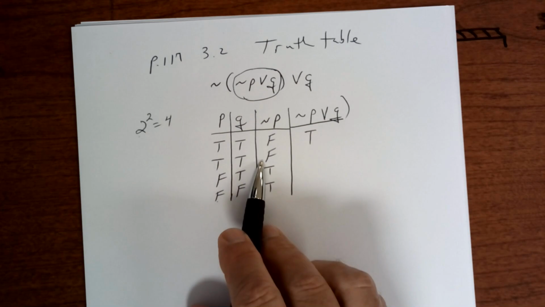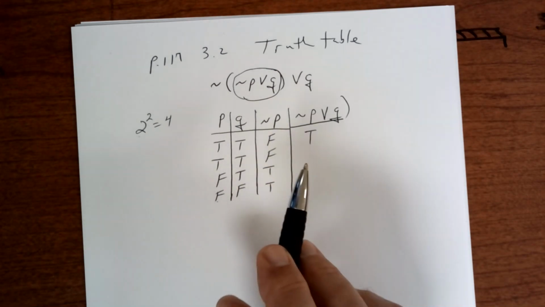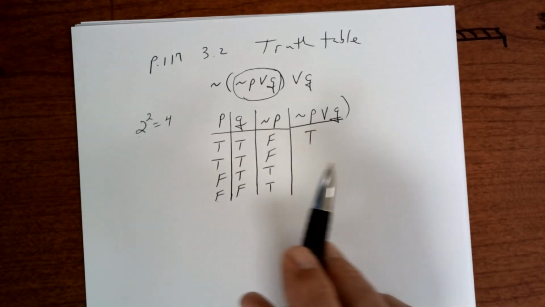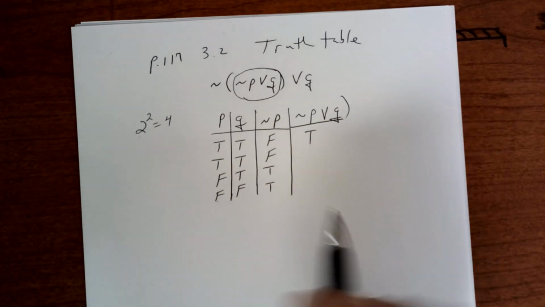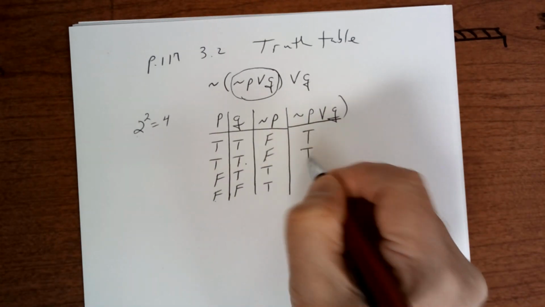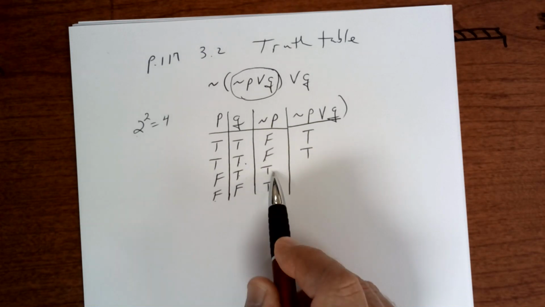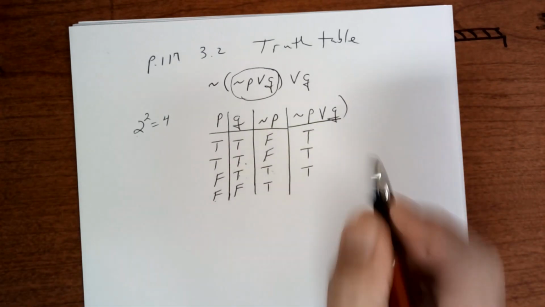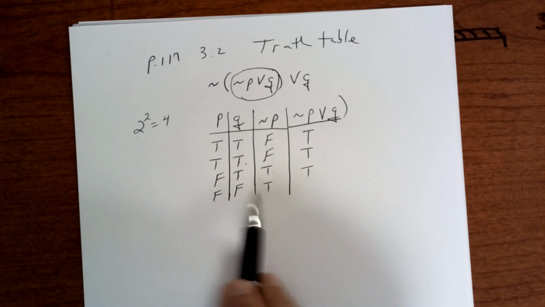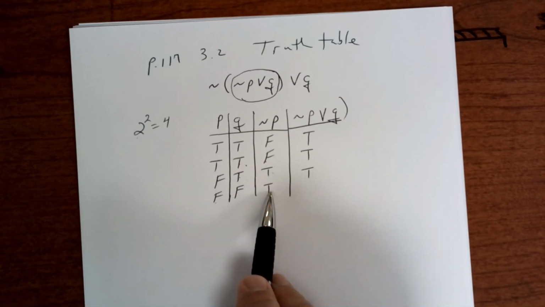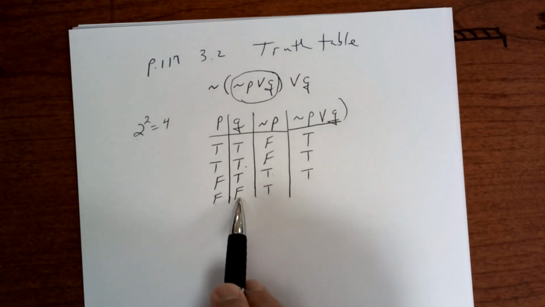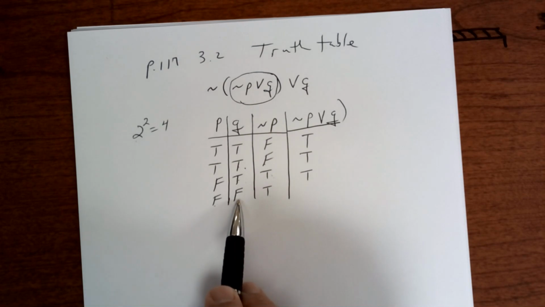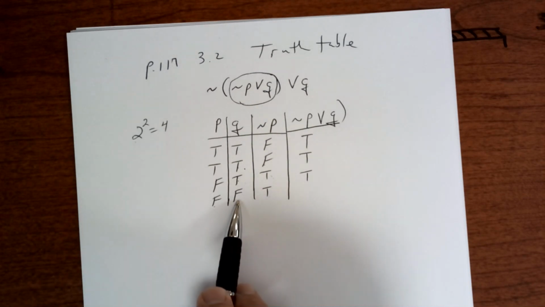This one and this one, so as long as one is true, then we're going to put true. Okay, so this one has one true, so we're going to put true. This one has two trues, so that's going to be true. This one has, let's think, this or that. This one is going to be true. Actually, one of these is false. So the true false or false false, where is that one at?